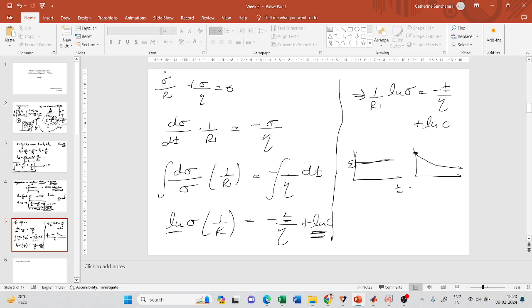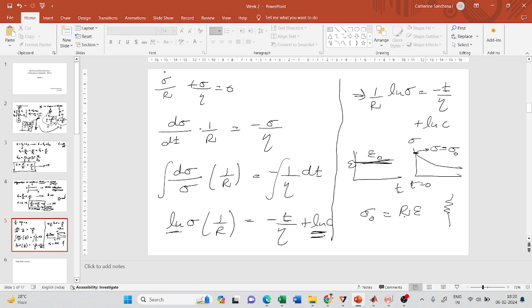So at time t is equal to 0, my stress will be equal to sigma naught. Okay, and what is the sigma naught? The sigma naught is the response of the spring, which will be r into epsilon. Since this strain is constant, I will represent this constant strain as epsilon naught.